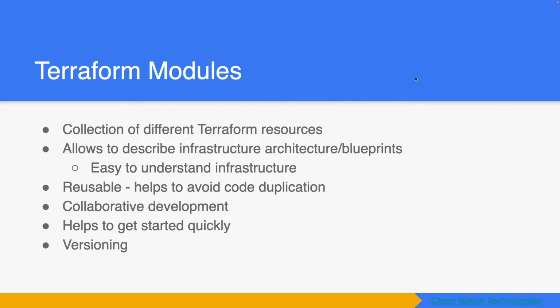And it allows us to basically create a blueprint. So if we define that code in a Terraform module, it means we are defining that architecture which we need, or we're defining the blueprint. And it helps us to then easily understand the infrastructure. By doing so, we are basically reusing the code. So it avoids the code duplication.